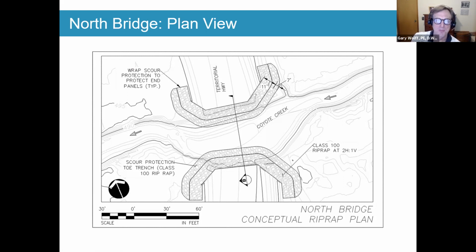So as part of this project, they don't want to build a new highway and have the bridges still be scour critical. So we addressed that as part of this project with the scour mitigation, which is basically riprap revetment to protect the bridge foundations from that turbulence or that local scour.